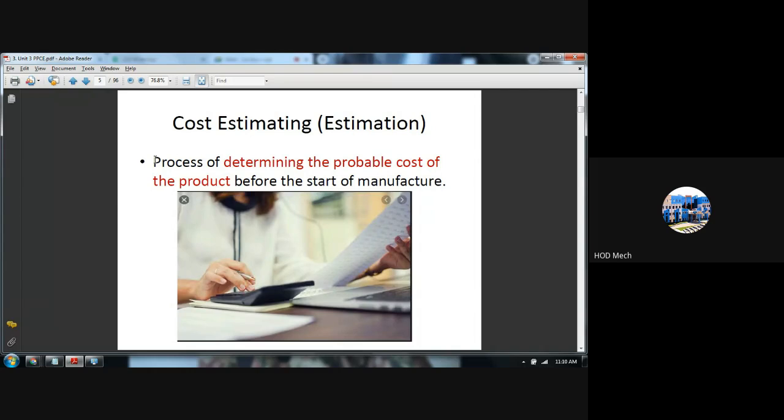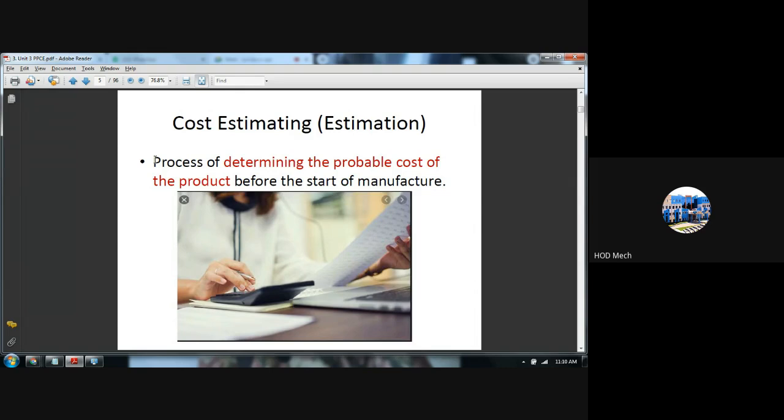For example, suppose you start building a house this month. Today the cost of cement and steel rods will be one thing. After 1 month it may be a different rate. So there are chances of cost fluctuation in certain areas which you cannot neglect, and which is not under your control.